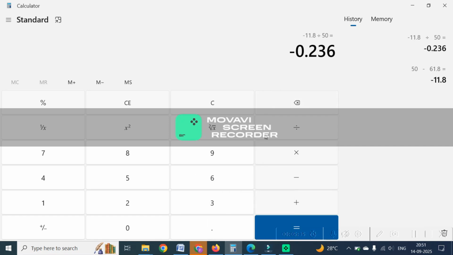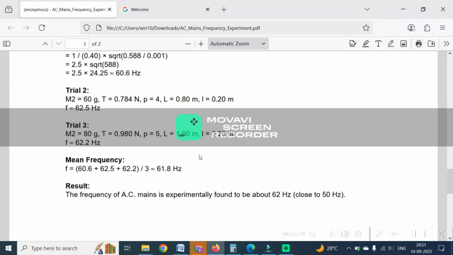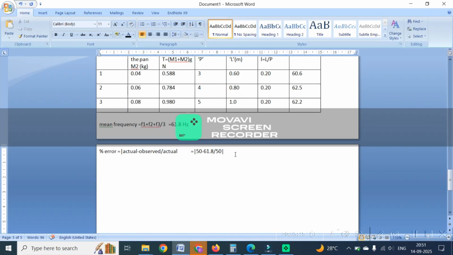You don't need to mention the minus, because we are doing all the calculation in modulus, and in modulus all values are positive. So it will be 0.23, so this percentage error is very less, 0.23 percent.